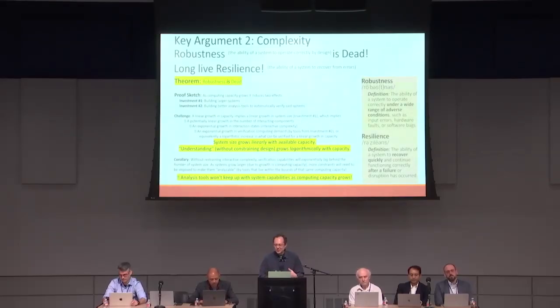So if that is really the case, we're in a bit of trouble, because the gap is growing between the frontier of how big the systems can be and what fraction of that these tools can really understand.